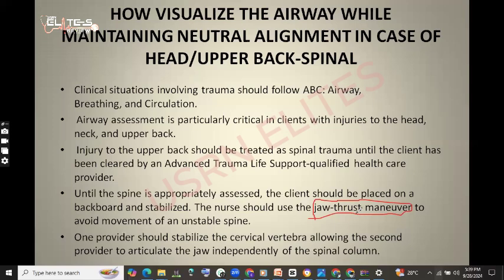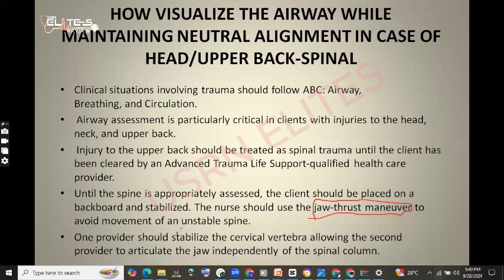Don't go and do head tilts, which is doing the person more harm than good. So take note of this one well. If you want to open up the patient's airway, or control it, for someone who has a spinal injury, especially upper back, this is what you must do, not head tilt.